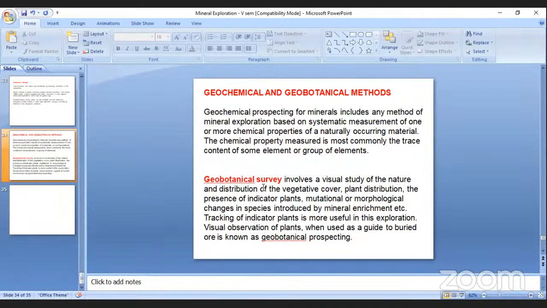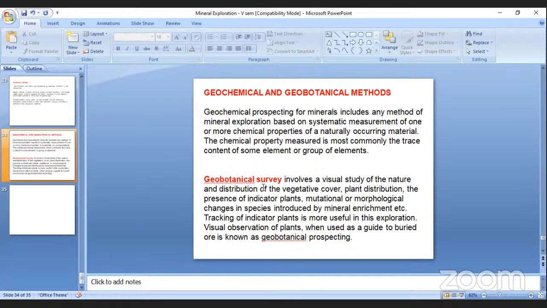In particular, again we go into geobotanical surveys. A geobotanical survey involves a visual study of the nature and distribution of vegetation, how it is covered, and the plants' distribution.